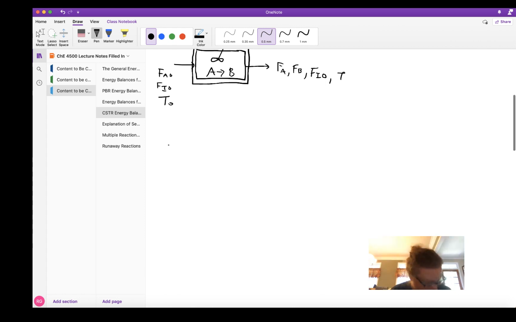So you need to write a mole balance and an energy balance. Let's do the energy balance first. This is a steady state system, so the accumulation term is going to be equal to 0. And then coming in, I have A and I. So I'm going to have F_A0 times H_A0 plus F_I0 times H_I0.